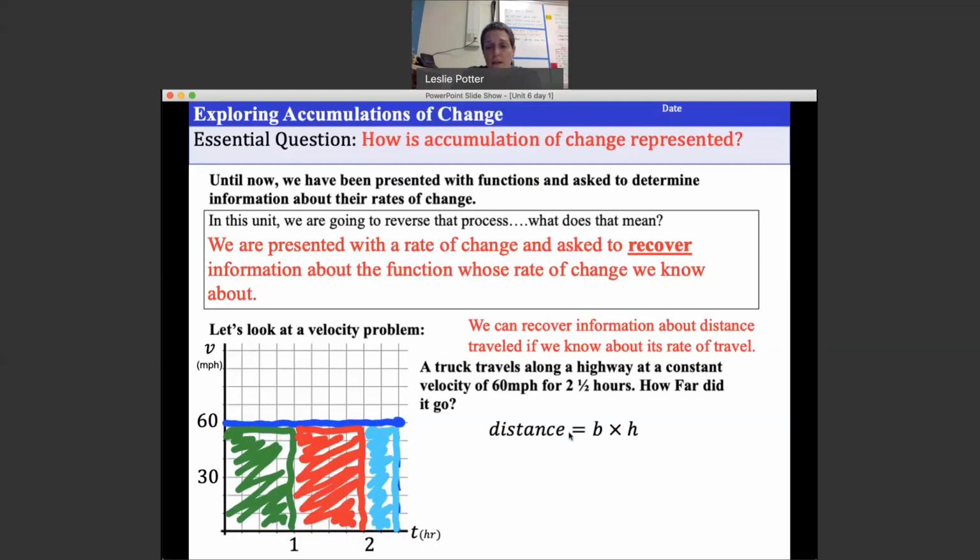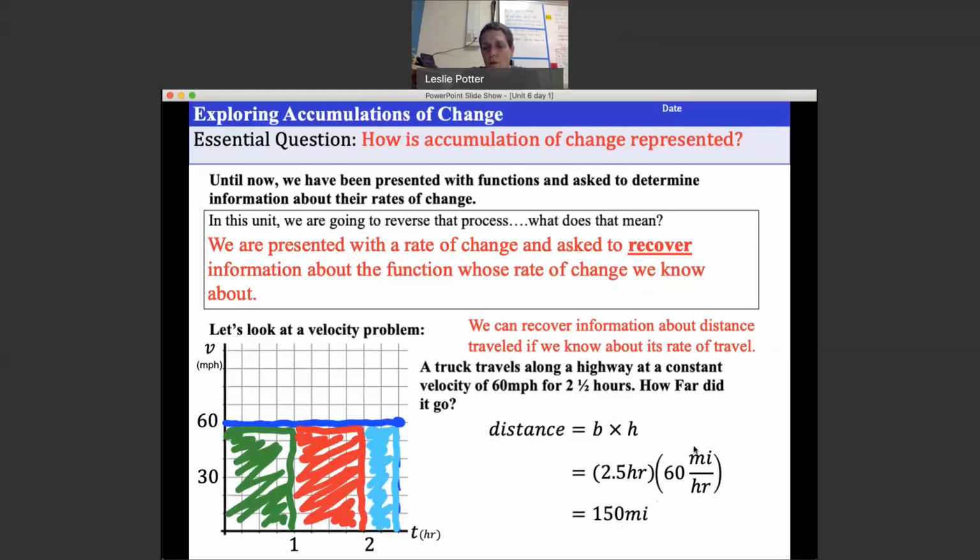So this distance then is the base. The base of this geometric shape is 2.5. And I put in hours because we want to be really cognizant of the units here, because that gives us our contextual information. And then its height is 60. And again, I put the units in miles per hour. And so we know if we take base times height, we can get the area. So 2.5 times 60 is 150.